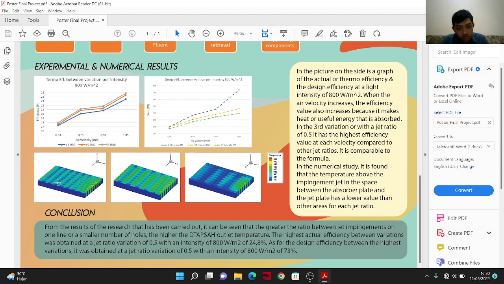And these are the three variations. But for the outlet temperature, the higher outlet temperature is obtained by jet ratio 0.5 because of the air velocity.